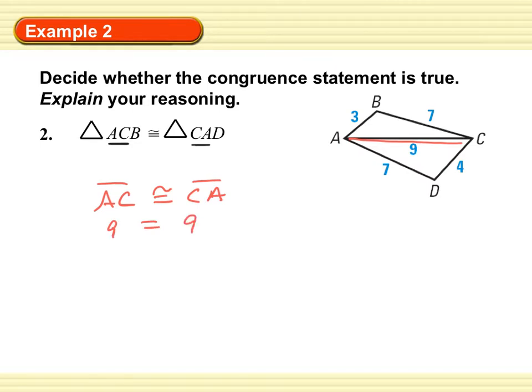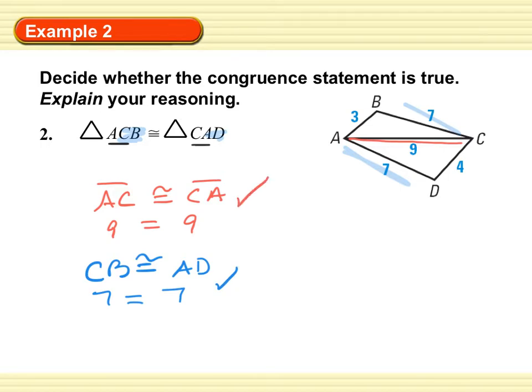Then let's look at the next one. I could say CB with AD. So CB, let's see if it's congruent to AD. CB is 7 and AD is 7. So that's working out so far. So far so good.